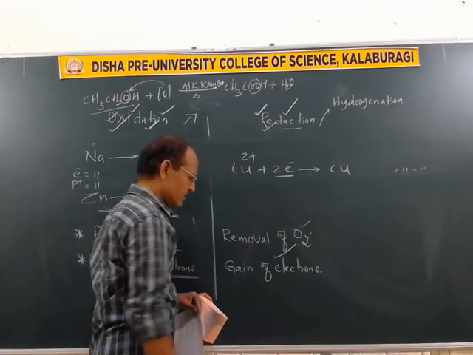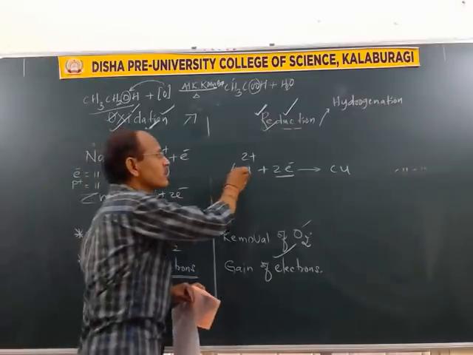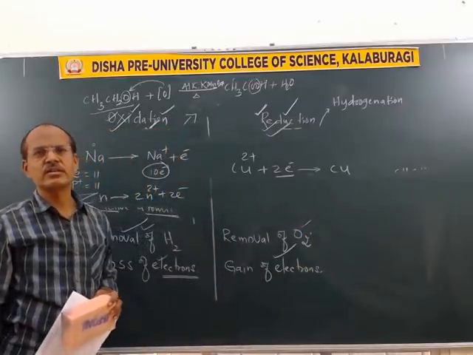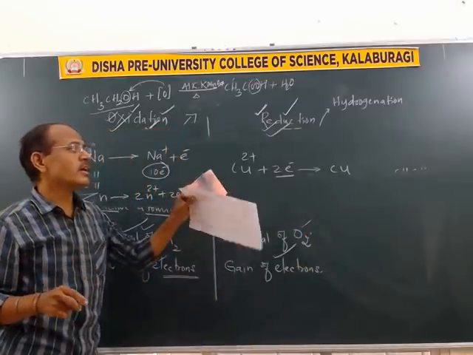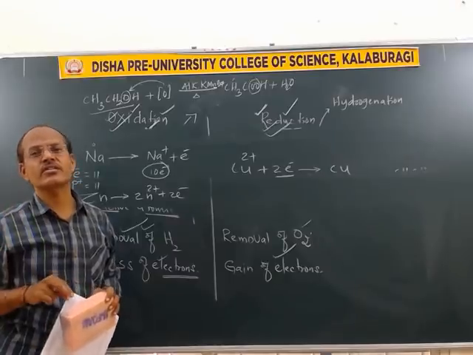So that is gain of electrons. So that is reduction. So this is about the definitions of oxidation and reduction reactions.